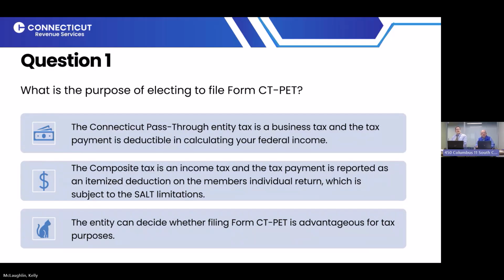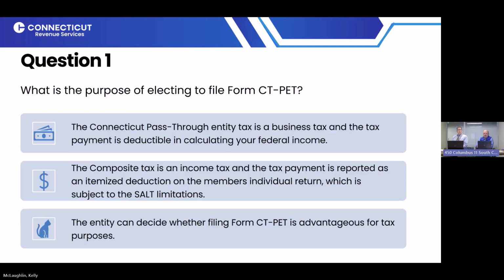The Connecticut pass-through entity tax, or CTPET, is a business tax where tax payments made are deductible in determining federal income. The Connecticut composite income tax, which is now named the CT 1065, CT 1120 SI, is an income tax.